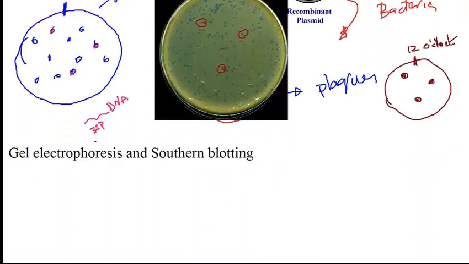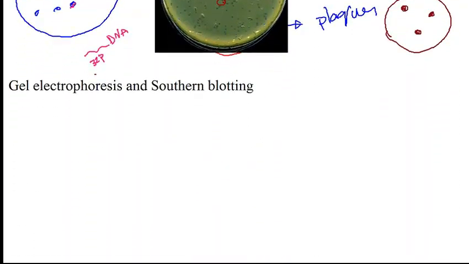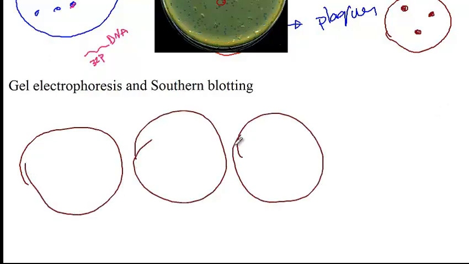And once that is done, we just need to confirm that, okay, here are our 3 colonies, but I want to make sure that they have the gene of interest. So next we can use Southern blotting to confirm that they do have our gene of interest. So the next step is to get another plate. Let's say we isolated 3 colonies.